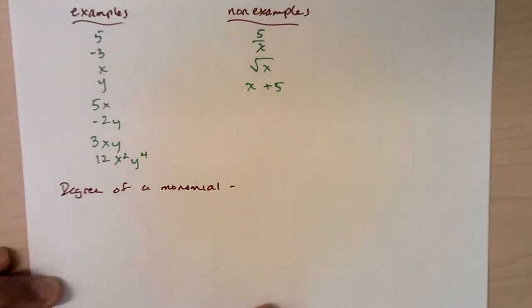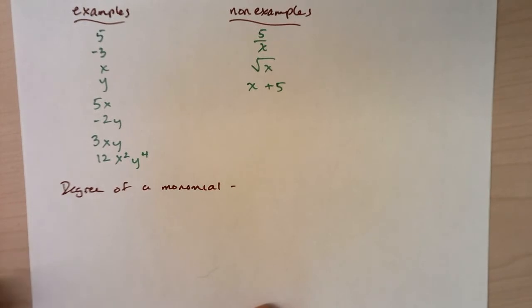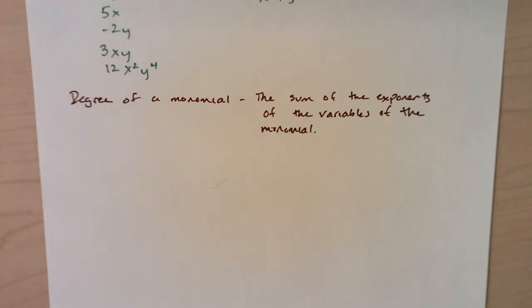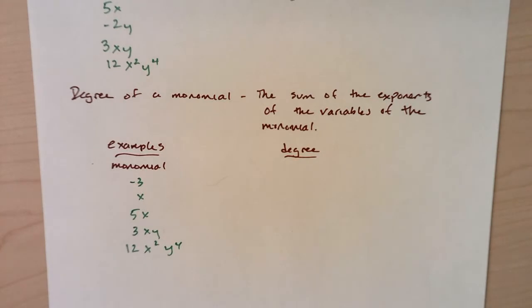And then another concept that you need to know is the degree of a monomial. The degree of a monomial is just the sum of the exponents of the variables of a monomial. And we'll take a look at some examples. So I took some of the monomials that we listed earlier, and we can figure out the degree of each of those monomials.